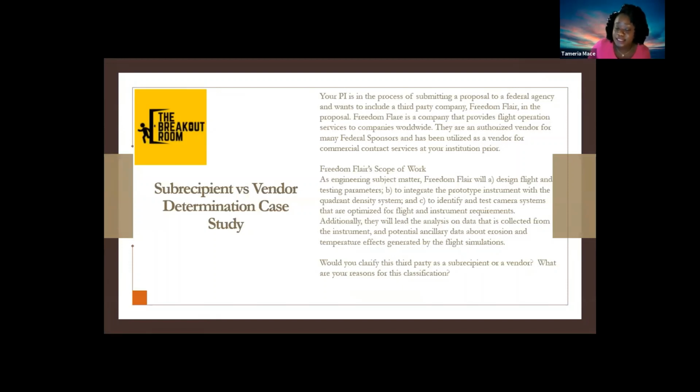We're going to give you 10 minutes and break you out into sessions, and we want you to discuss the case study and then make a determination as to why you feel like this subrecipient is a subrecipient. Are they a vendor? What are your reasons for that classification? And we would like a couple of people to come back and give us your determination and why you made that determination. So please work together to make that determination.